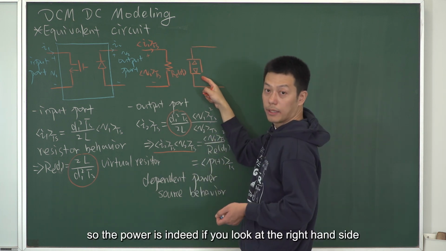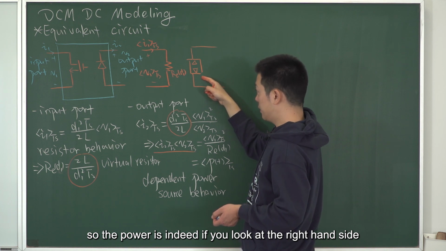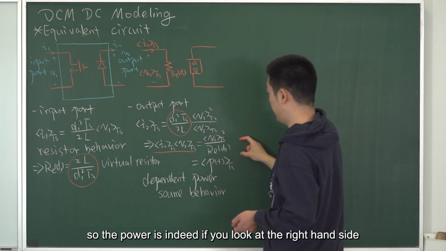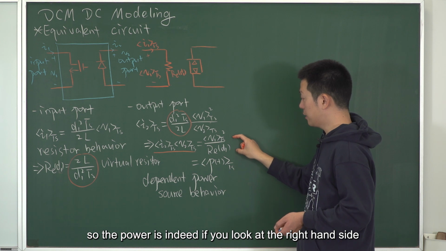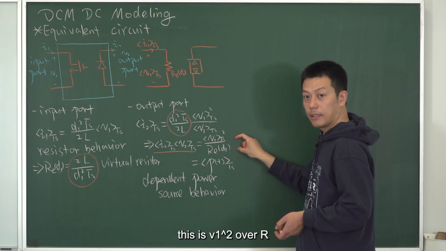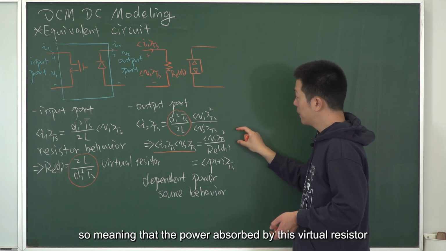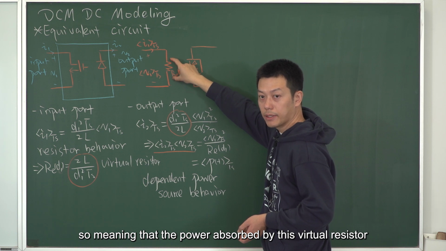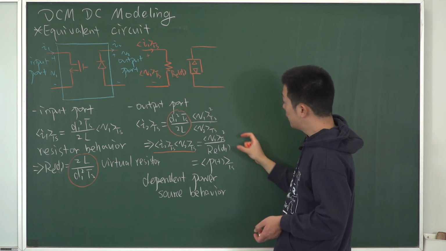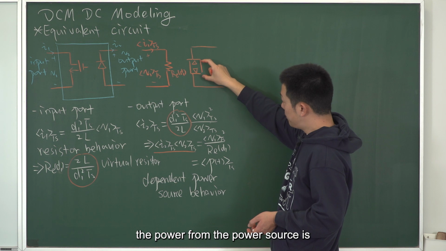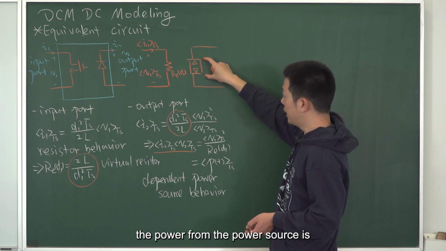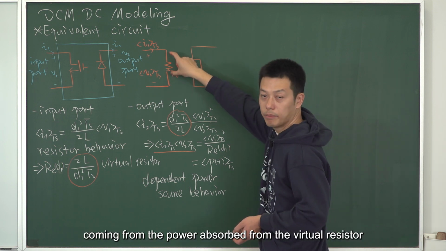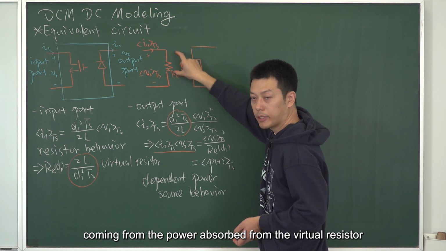So the power is indeed, if you look at the right-hand side, this is the V1 squared over R. So meaning that the power absorbed by this virtual resistor. So this means that the power from the power source is coming from the power absorbed from the virtual resistor.